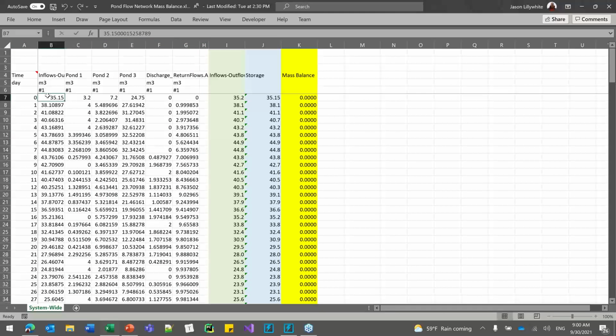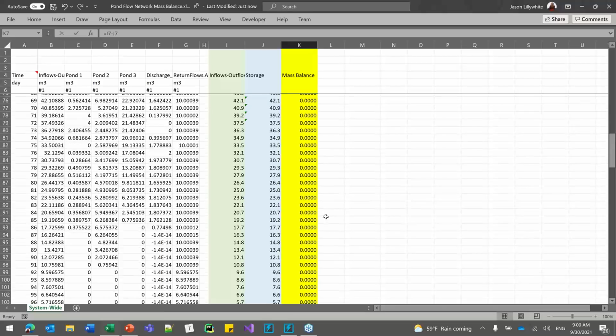So we have our inflows minus outflows here. We have our storage elements here. We have our material delays here. And then we just simply subtract the two, inflows and outflows, from the change in storage, which is all of these. And then you get mass balance here, just subtracting these two from each other.